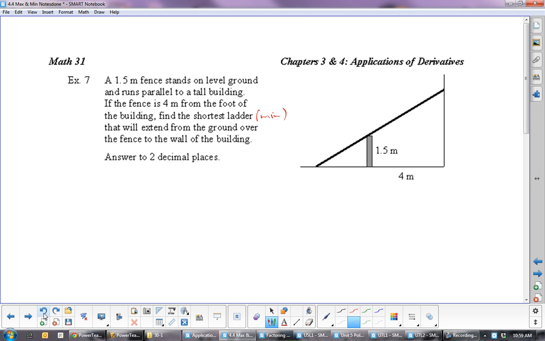Okay, so we see here a right angle triangle. Should we go for Pythagoras? Similar triangles, okay. Which ones? The big, huge triangle, like this one and this one?